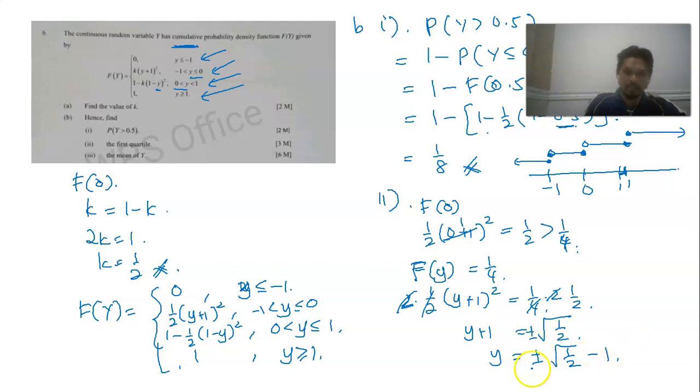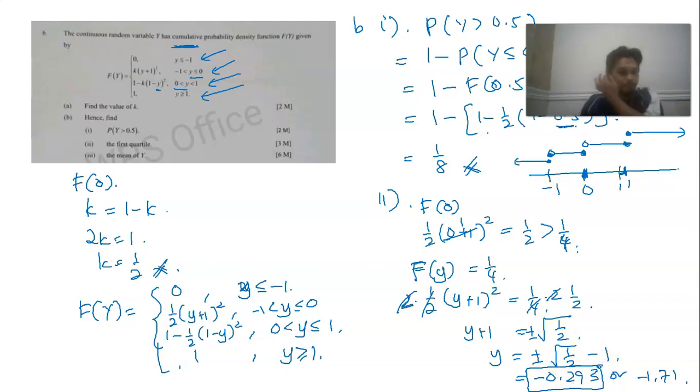And from this, it gives you two values of y, which are -0.293 or -1.71. As we mentioned just now, at y equal to 0, it gives us 1 over 2. It cannot be less than -1. So the answer for this case, because -0.293 lies between -1 and 0, while -1.7 lies somewhere around here, which is not in the range for the quartile. So this is the answer.